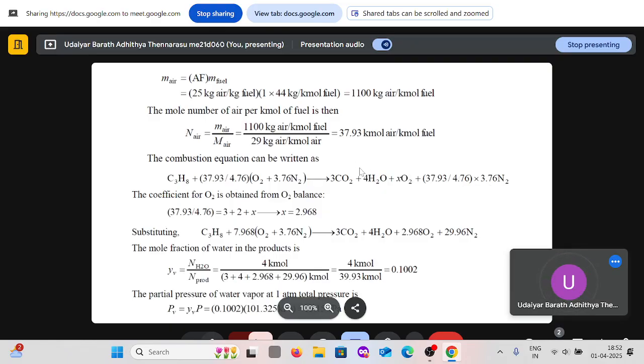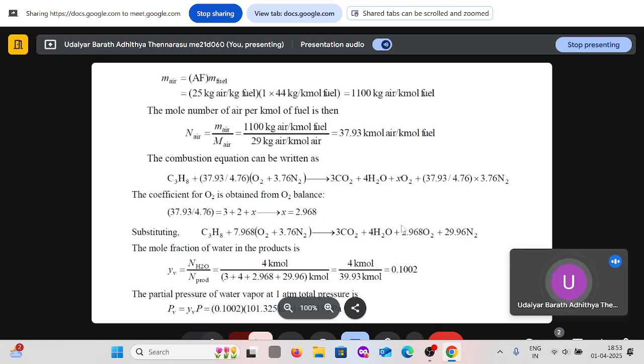You need to find X. Doing an oxygen balance, we get X as 2.968. Substituting, the final expression is C3H8 plus 7.968 O2 plus 3.76 N2 gives 3 moles of CO2 plus 4 moles of water plus 2.968 moles of oxygen plus 29.96 moles of nitrogen.